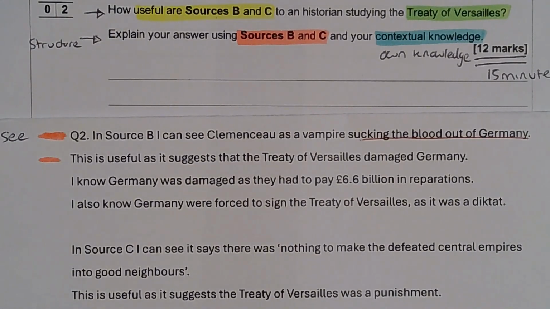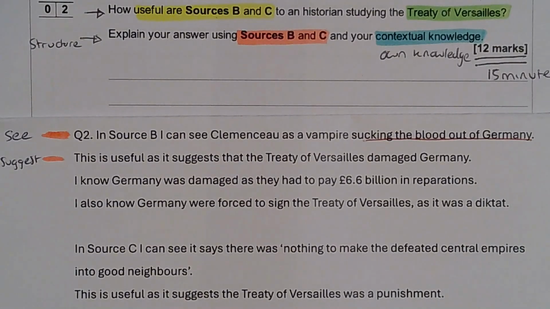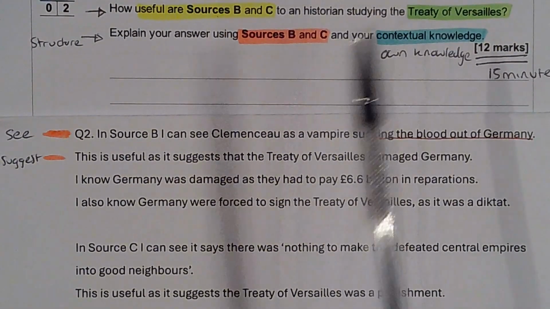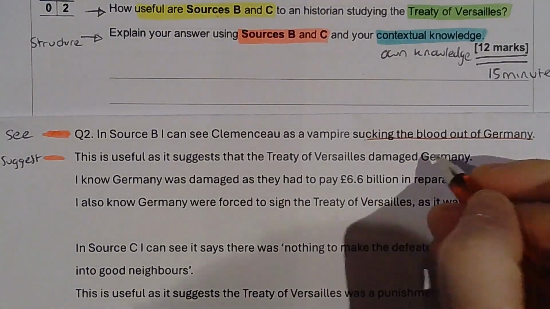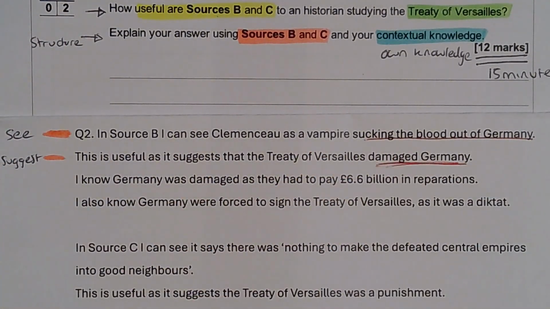Okay, that's what it suggests. And then, because I've talked about source B, I now need my own knowledge. What do I know about how Germany was damaged? So I've underlined damaged Germany.